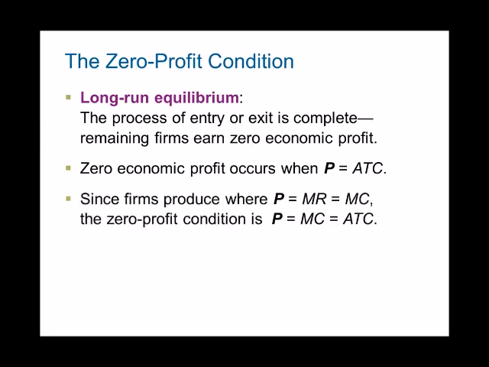Since a firm produces where price equals marginal revenue equals marginal cost at the profit maximization point, the zero profit condition says price equals marginal cost equals average total cost.